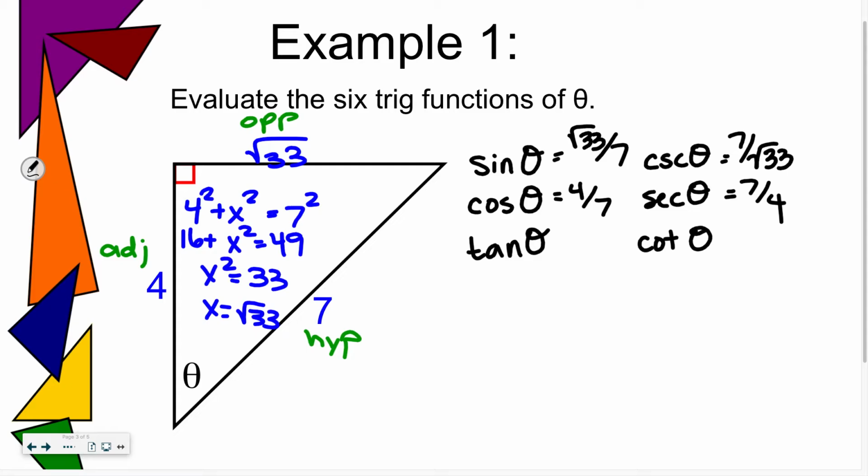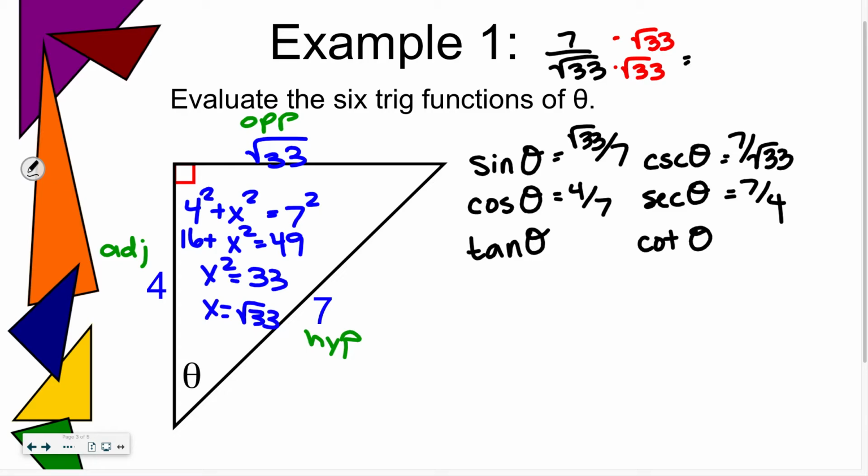What do you think about that answer? No good to leave it alone, right? You're not allowed to leave radicals in the denominator, so we're going to have to rationalize. Since I'm low on room, I'm going to rationalize up here. 7 over square root 33. Whatever radical is in your denominator, multiply the top and bottom by that well-chosen 1, square root 33 over square root 33.